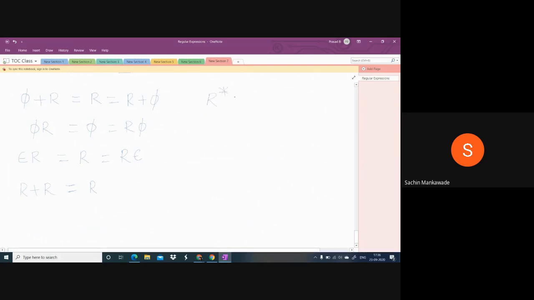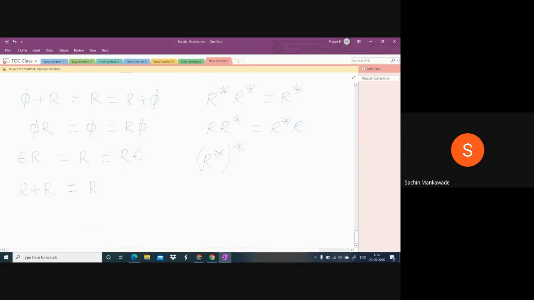R star followed by R star is R star only. R star R followed by R star is R star followed by R only. R star whole star. What is R star?